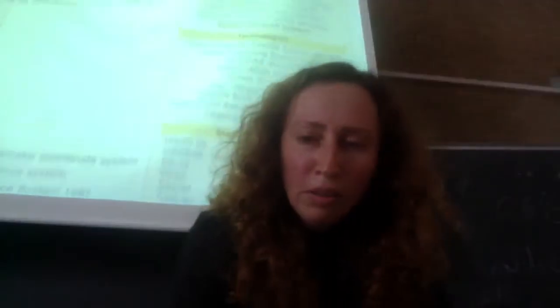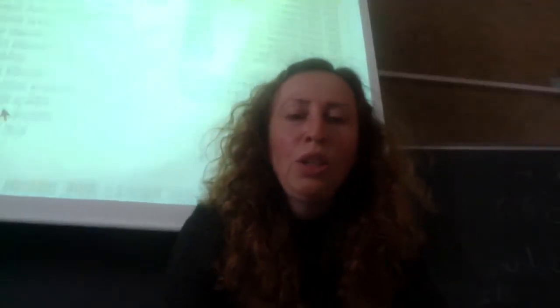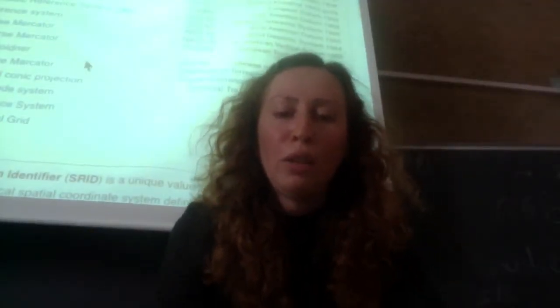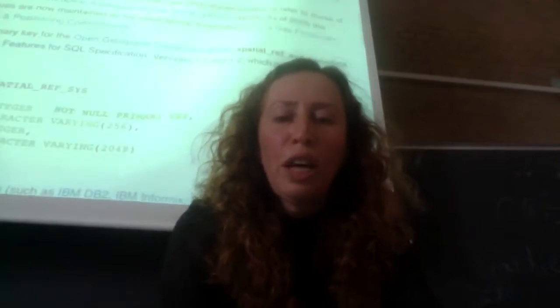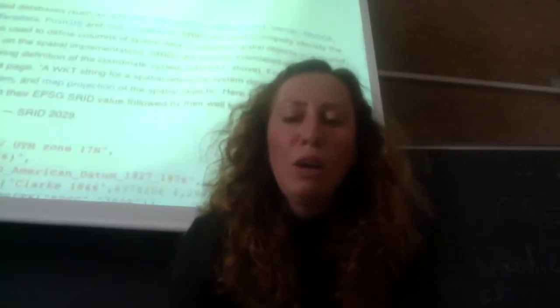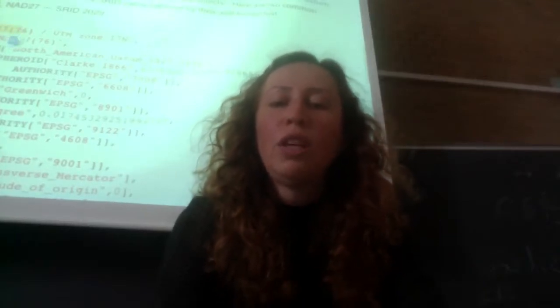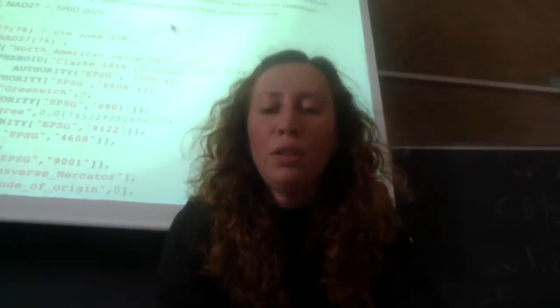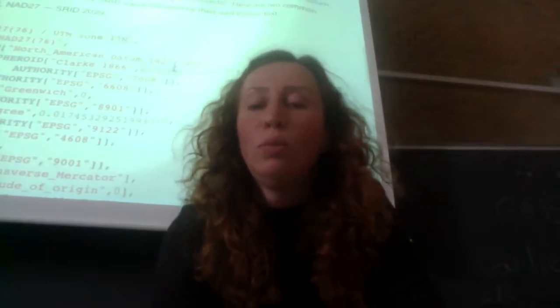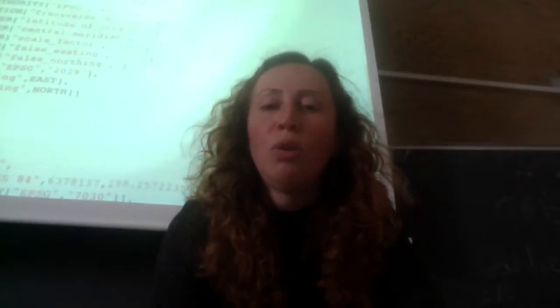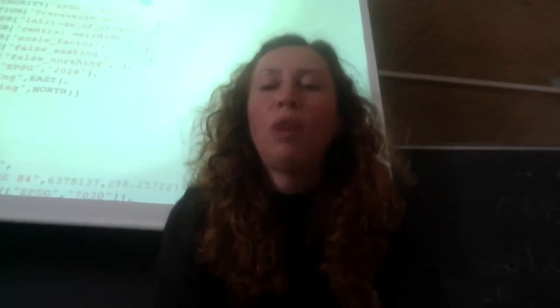I'll show you in a second. But basically here you can read all about these types of projections, the identifiers, and how all that works. For instance, NAD27, it's the UTM for United States, North American Datum, and so on, right? And they also have the EPSG number by which you can identify them.